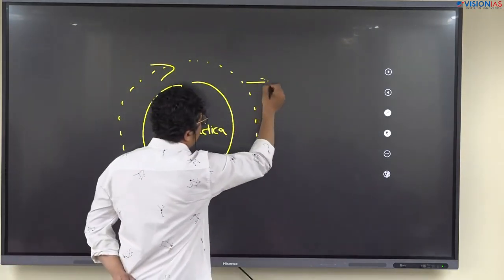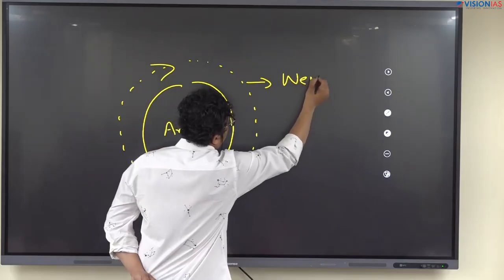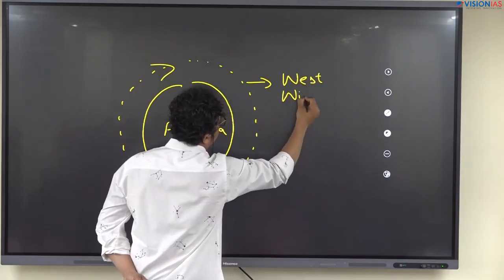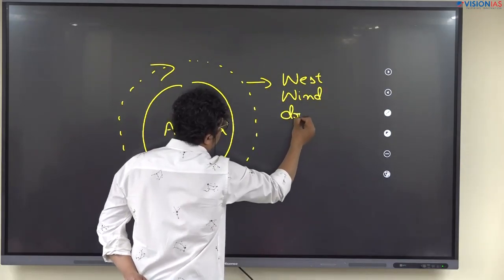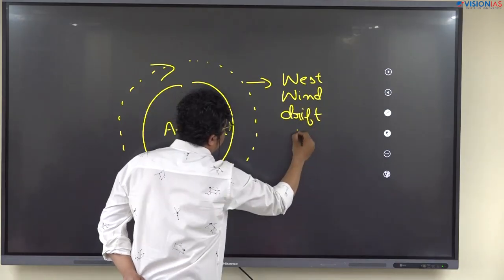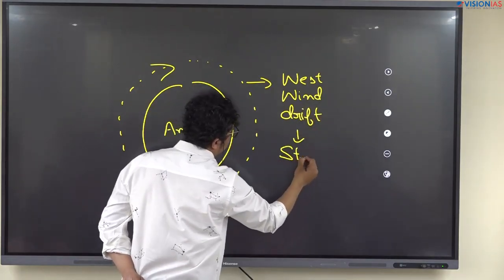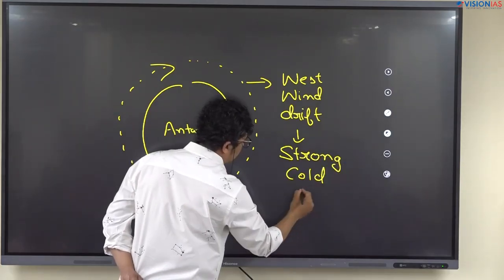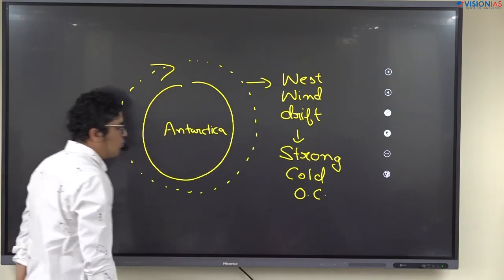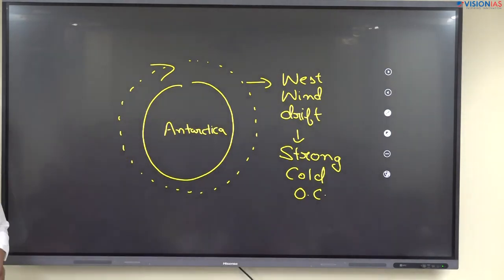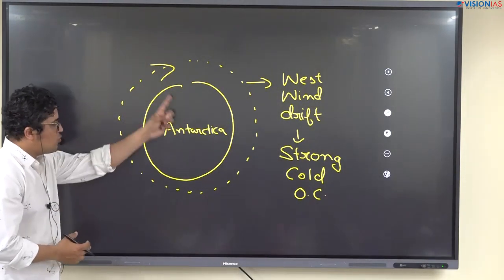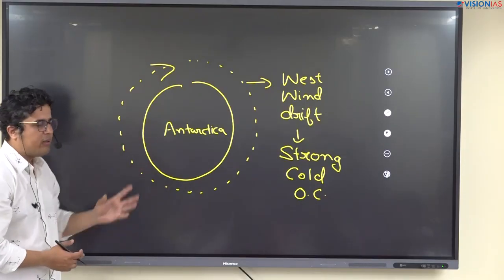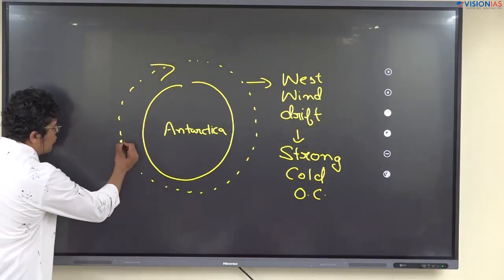The name of this cold ocean current is west wind drift. It's a very strong cold ocean current. So if a strong cold ocean current is flowing around Antarctica, what this cold ocean current will do?